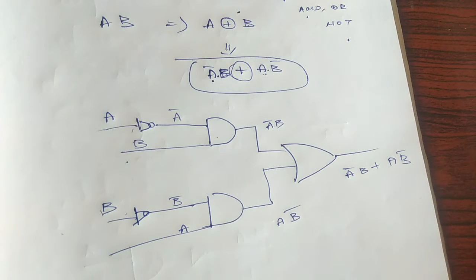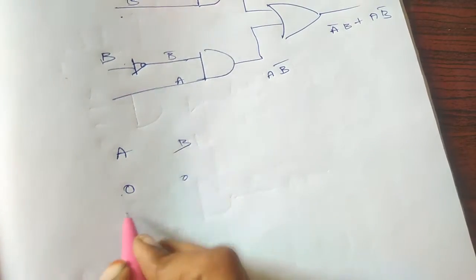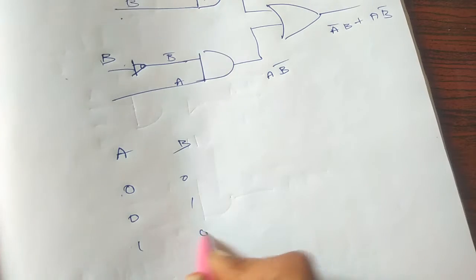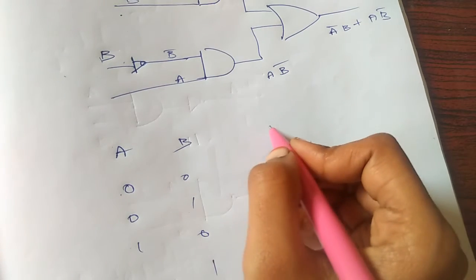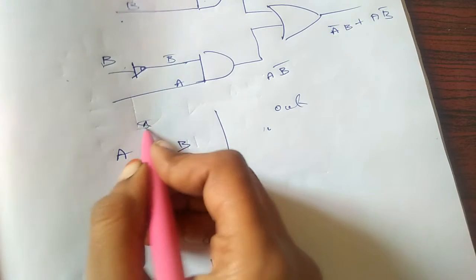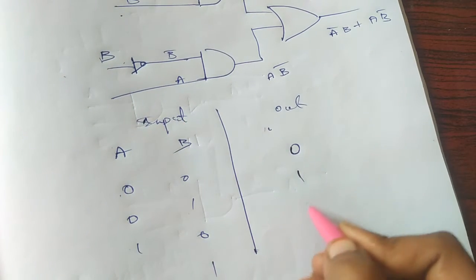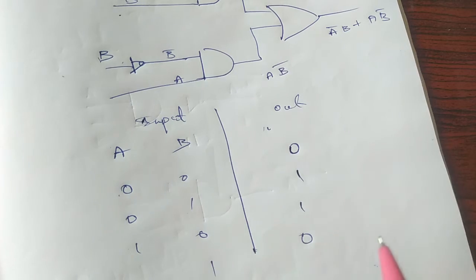Let's see its truth table. If the inputs are A and B, we will get four combinations: 0 0, 0 1, 1 0, and 1 1. Then the output will be 0 1 1 0. Why so?